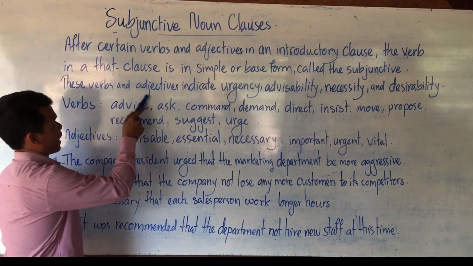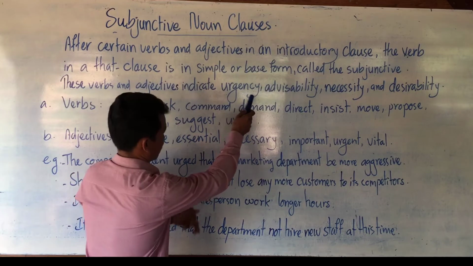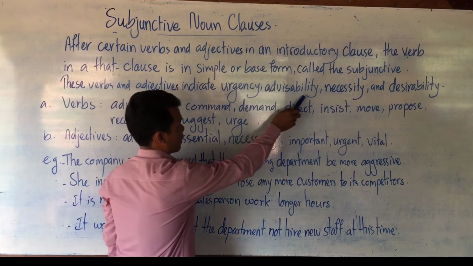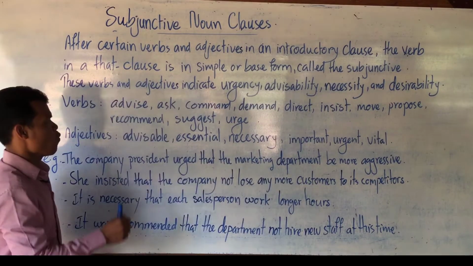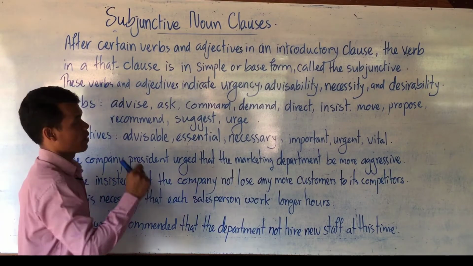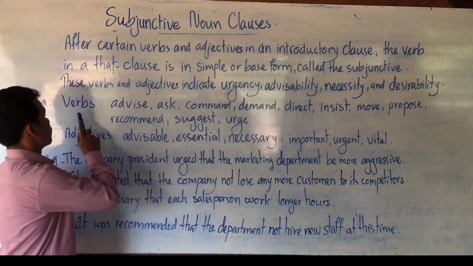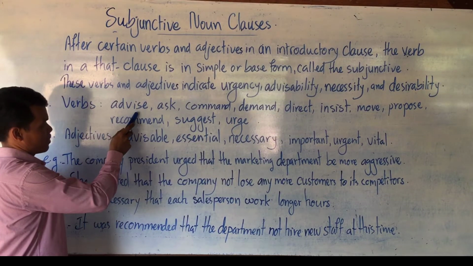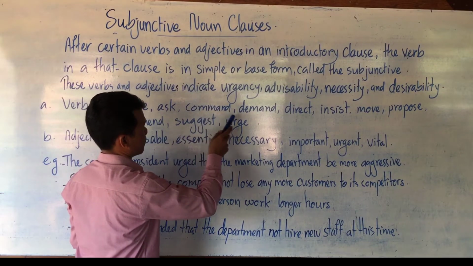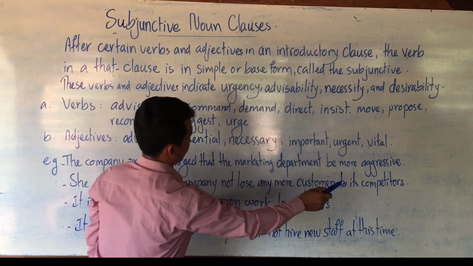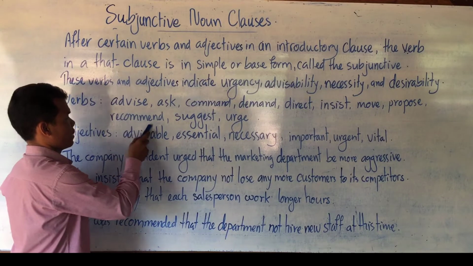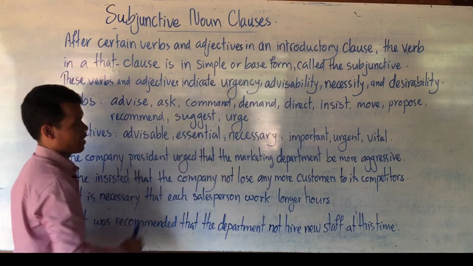The verbs and adjectives indicate urgency, advisability, necessity, and desirability. What are those verbs and adjectives? Those verbs are advise, command, demand, direct, insist, move, propose, recommend, suggest, urge.